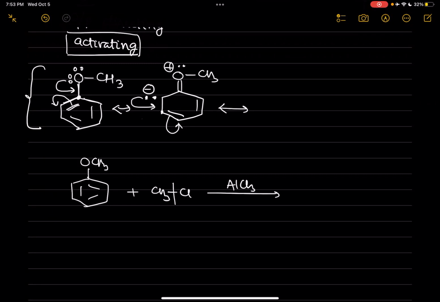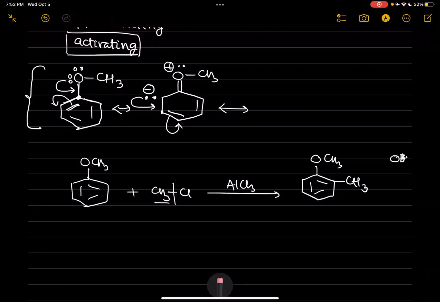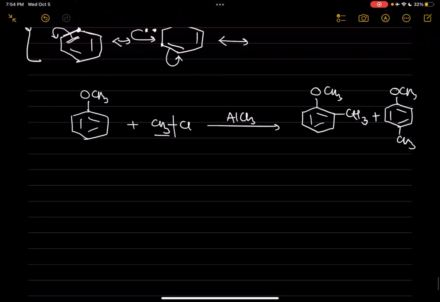You will have CH3 plus, which will be the electrophile, and that is going to come either at the ortho position or at the para position. So this is Friedel-Crafts alkylation, where you bring in the electrophile as an alkyl cation.